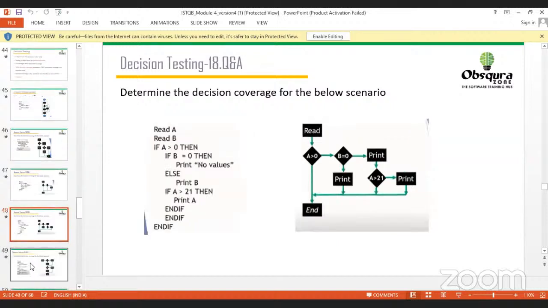Yes, this one you can answer, 18th question. How many paths?